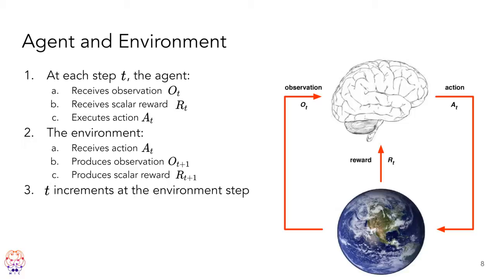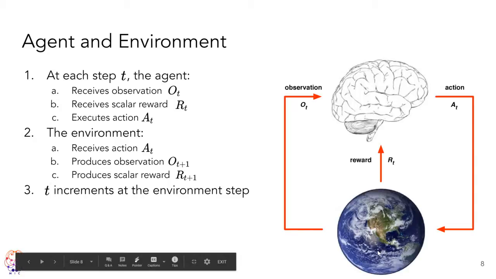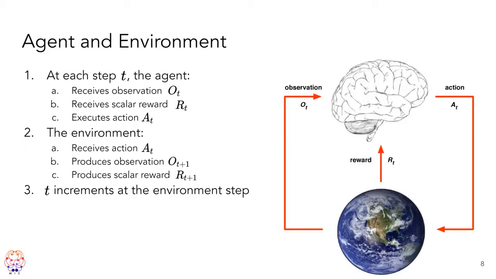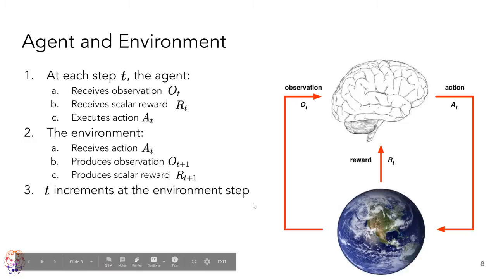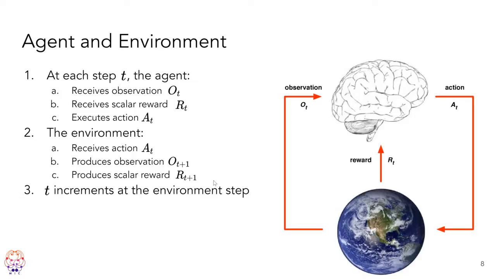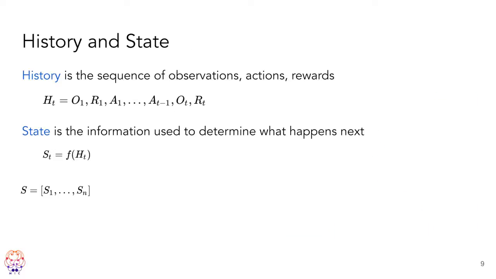And then we take an action based on what we see. And that is fed to an environment, and the environment decides what to do with that action. So this is basically our physics all around us. If I move my hand in a certain direction, it will, based on the laws of physics, move somewhere else. And that produces an observation and another reward for t+1. All right, good so far?